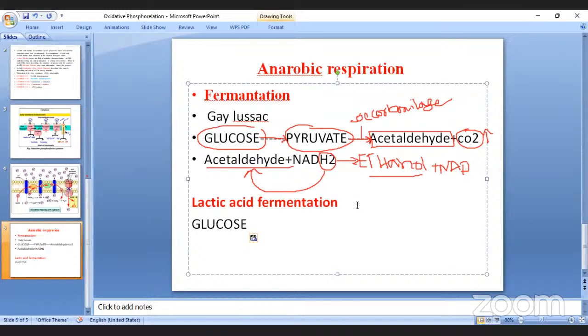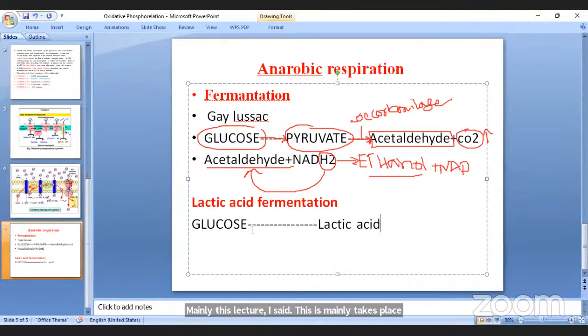Lactic acid dehydrogenase converts it into lactic acid. Here there is no decarboxylation reaction, directly dehydrogenase, that is a reduction reaction. Finally it is converted into lactic acid. Mainly this takes place inside animal cells especially.